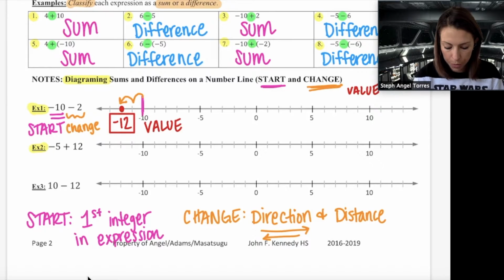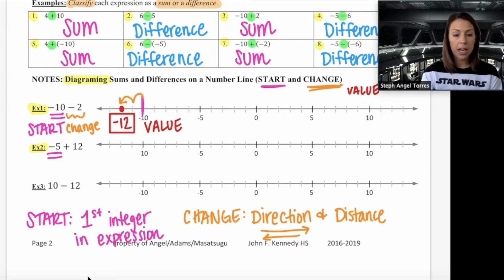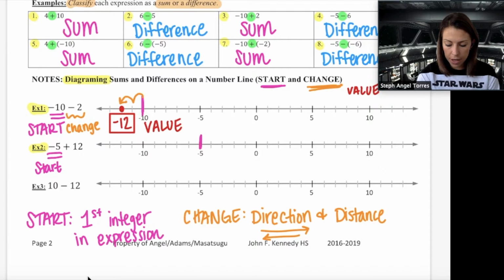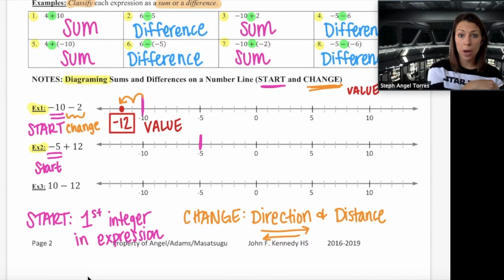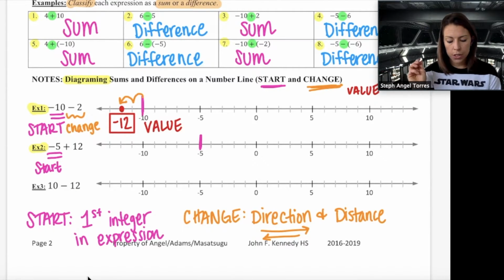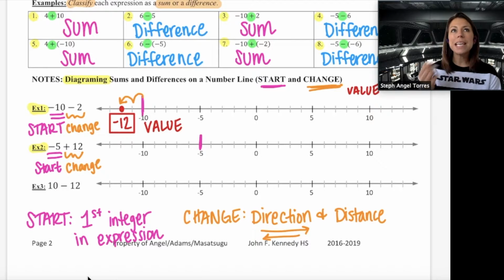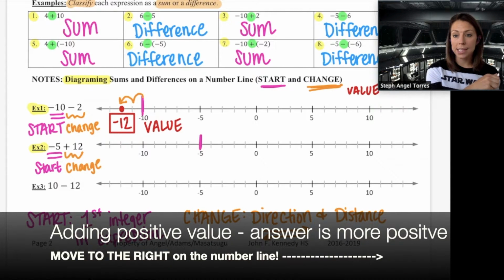Let's take a look at example 2. What's the first number that we read in the expression? We read the number negative 5. So that is our starting value. Let's find negative 5. There it is on the number line. The change is what's going to happen to negative 5. I'm either going to move to the right or I'm going to move to the left. So it looks like here the change is plus 12, and I'm adding positive 12, which means my value is going to become more positive, and I'm headed in the right direction.